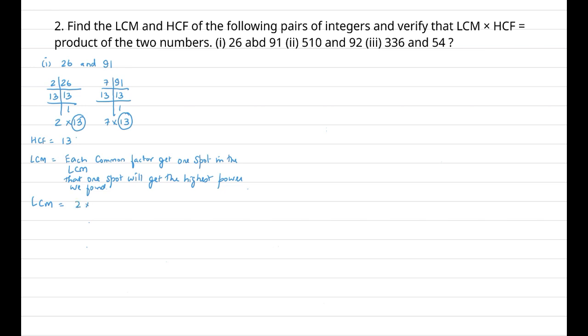So 2, 7, 13 get one spot, and that one spot will get the highest power. The highest power we have is only 1. So this is the least common multiple. When you multiply this, you will get 182.